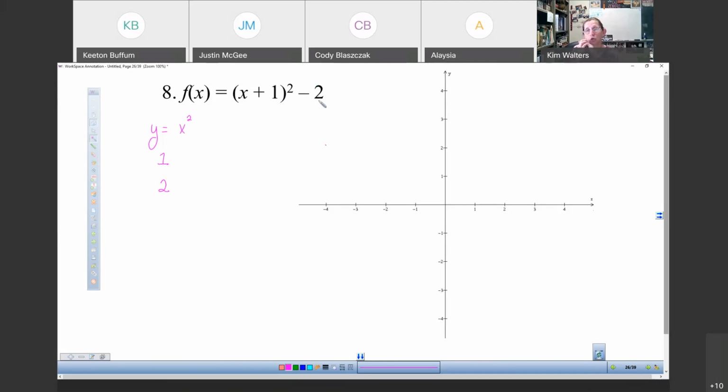And the -2 at the end, is that going to go left, right, up, or down? And remember, you can always do something to try to figure it out. It's okay. We're going to get this.